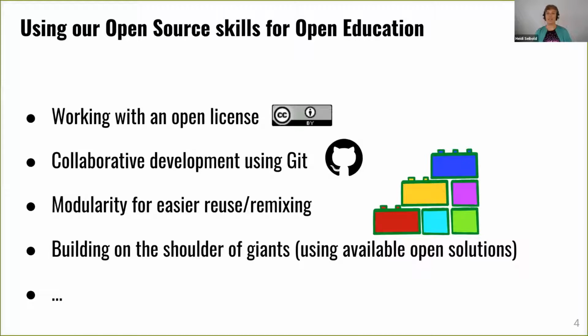And finally, you don't want to reinvent the wheel every time you do something. So you want to build on the shoulders of giants, of things that already work. In open source, this should be open solutions, and in open education, it would be best if we had open solutions for everything as well.